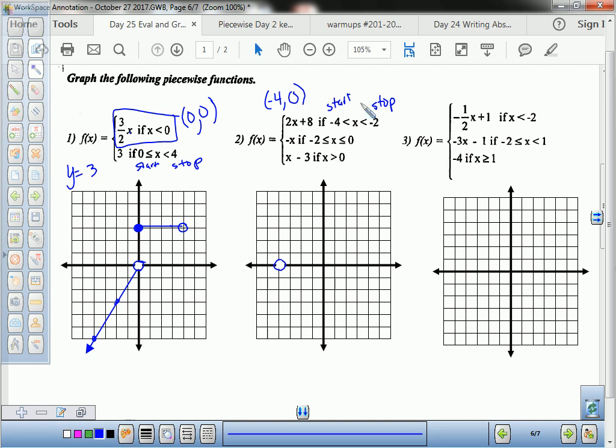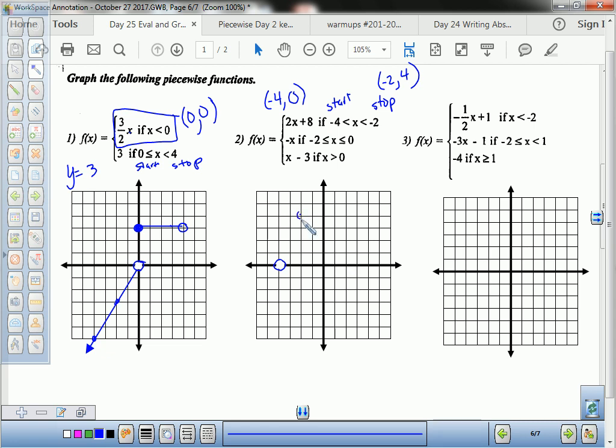Now we'll find its stopping point. Plug in -2: -2 times 2 is -4, plus 8 is positive 4. So it has a stop at -2, 4.